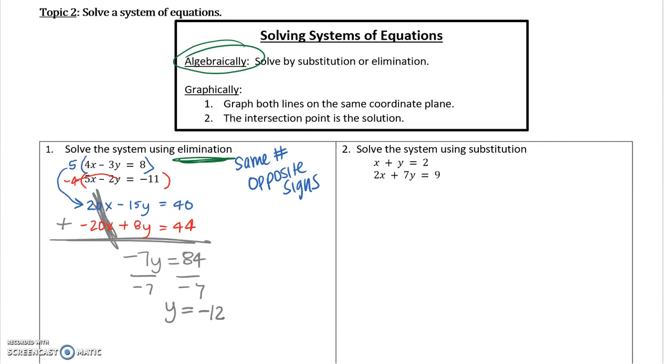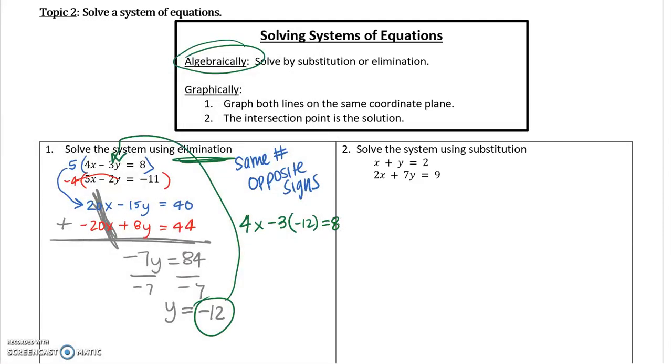You figured out your y's, but you have to go back and figure out your x's. So take this -12, and you need to plug it in somewhere. It doesn't really matter. I usually pick the one that has smaller numbers and less negative. So I'm going to plug it in all the way back in the beginning to 4x minus 3 times negative 12 equals 8.